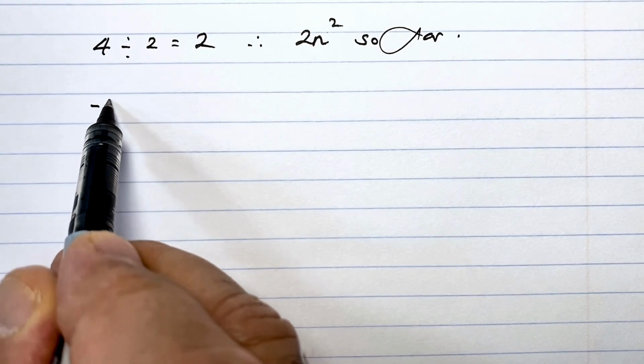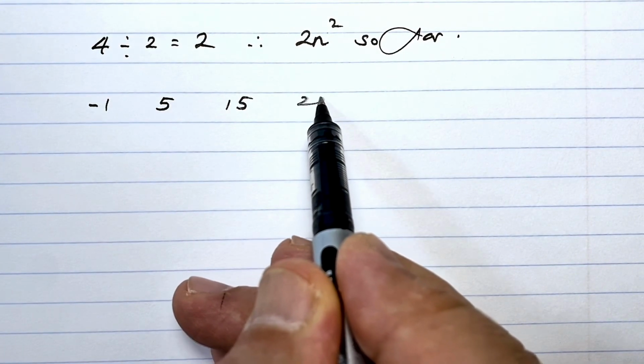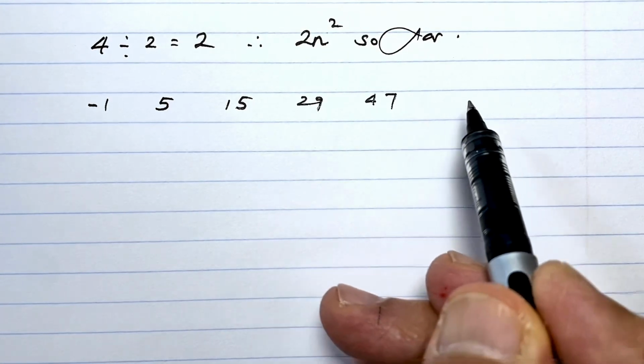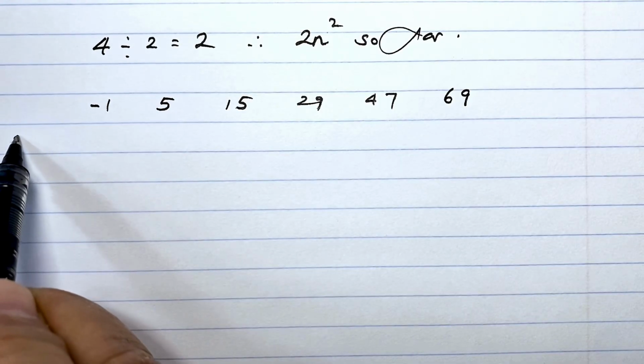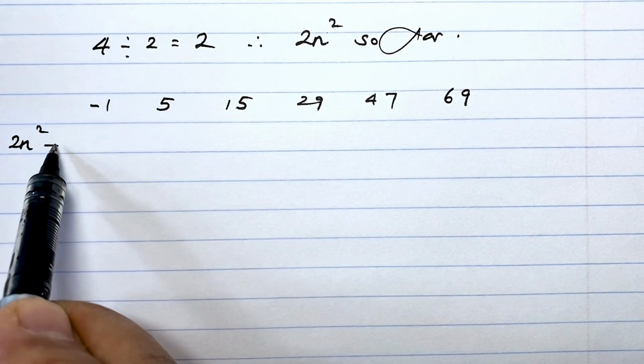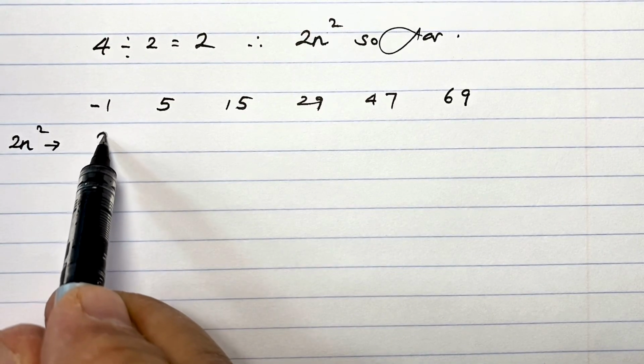Let's write our set of numbers again and look for the leftovers now. Let's see what 2n squared produces. When n is 1, 1 squared times 2.